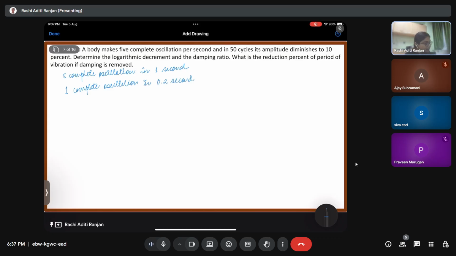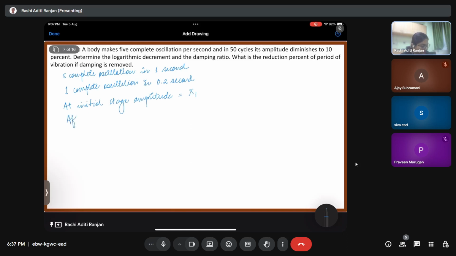Now, in 50 cycles, its amplitude diminishes to 10%. Determine the logarithmic decrement and the damping ratio. What is the reduction percent of the period of vibration if damping is removed? So the second piece of information is that in 50 cycles, its amplitude diminishes to 10%. Let us say at the initial stage, the amplitude is x1.